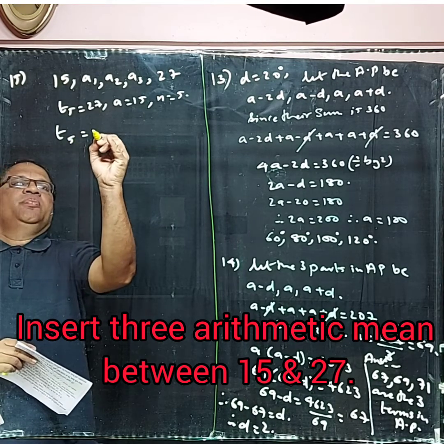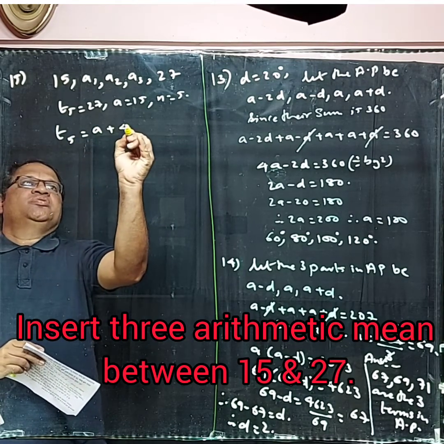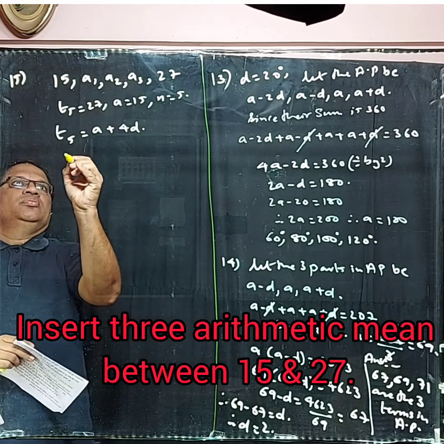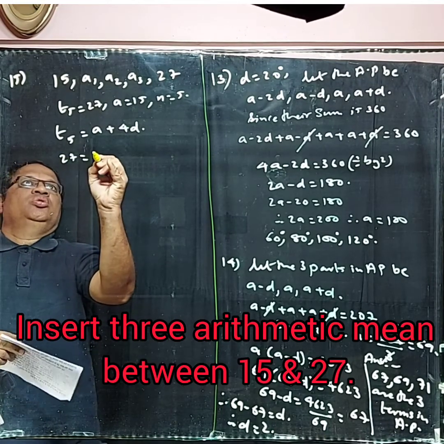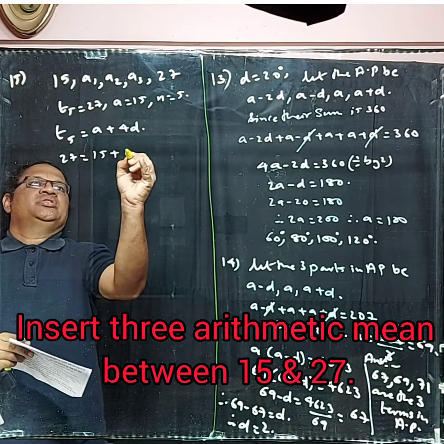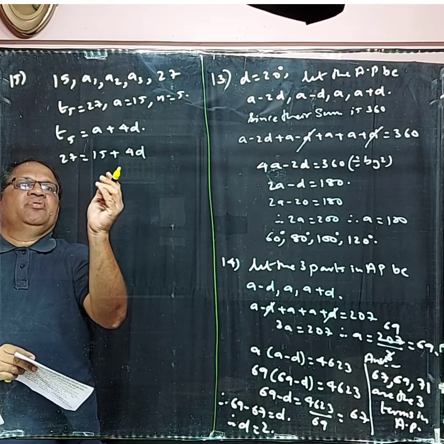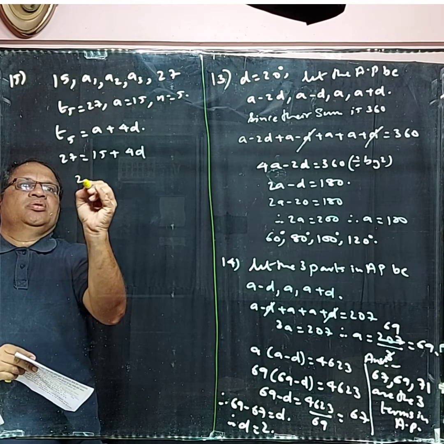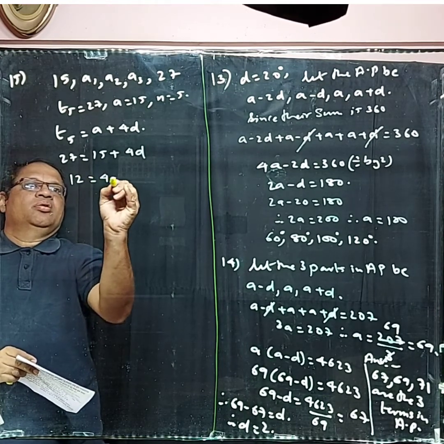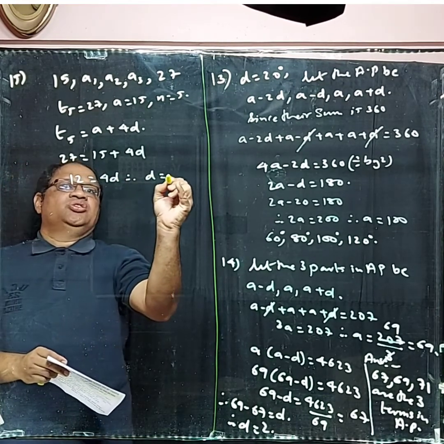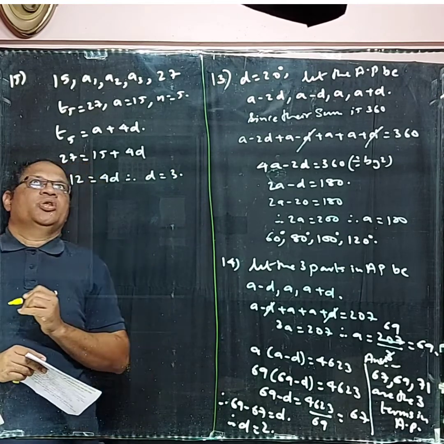T5 formula, A plus 4D. 27 is equal to 15 plus 4D. So 27 minus 15, it is 12. Therefore D is equal to 12 by 4, 3.